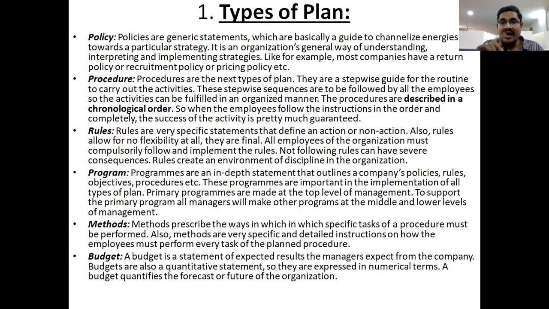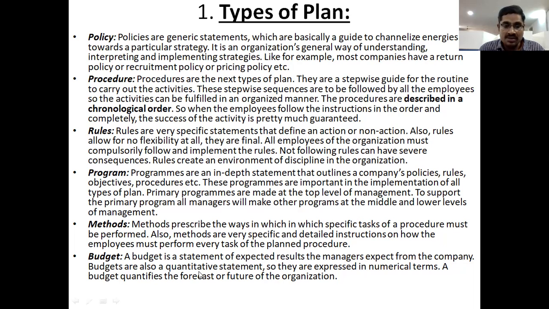Next, last, budget. It is another type of plan, an estimation of the amount for specific activities, called the budget, right? Budget is a statement of expected results the manager expects from the company.